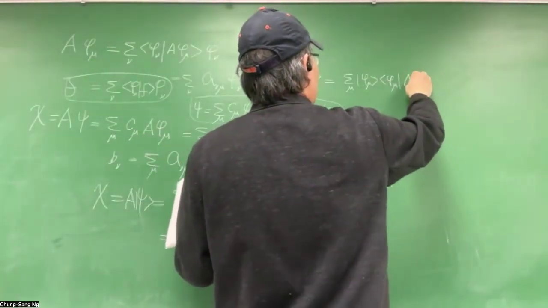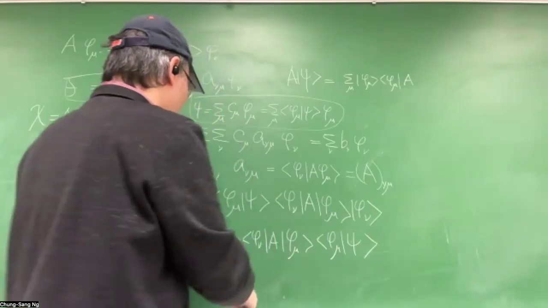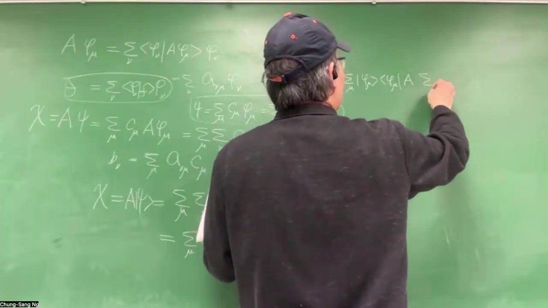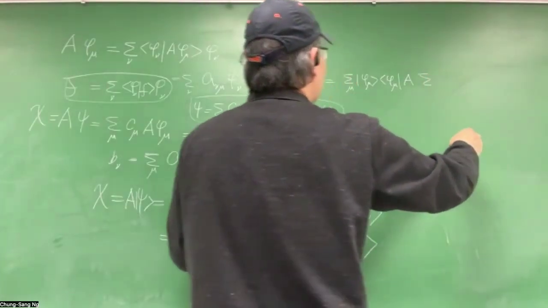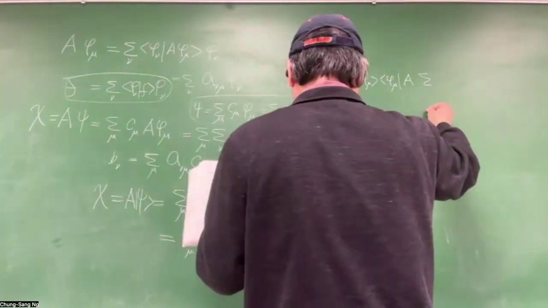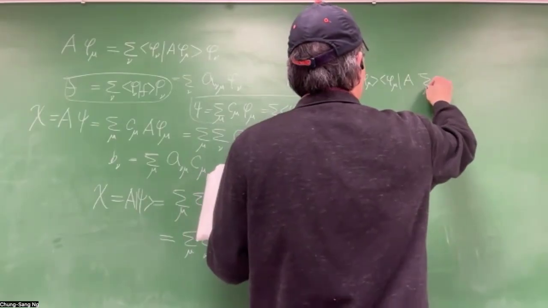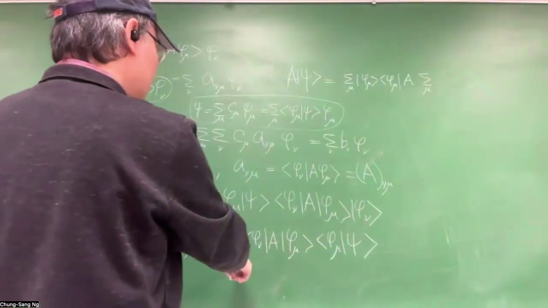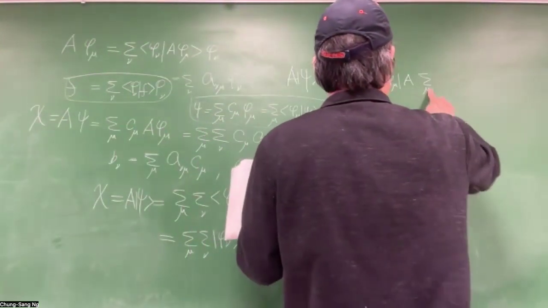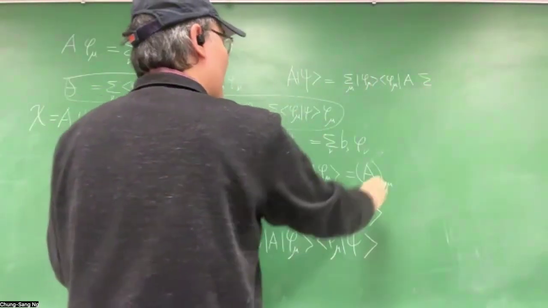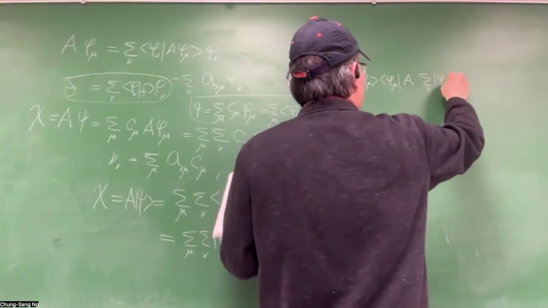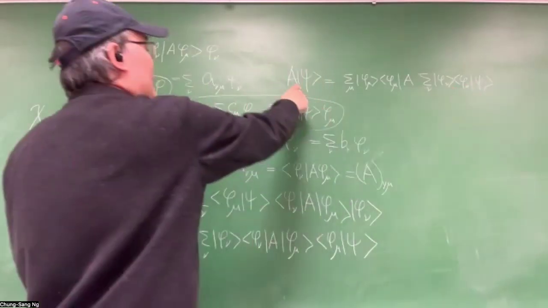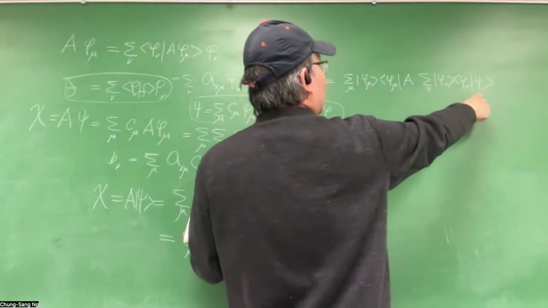Then you have A in here, and you insert another identity, the summation over nu, in front of this ket vector psi.